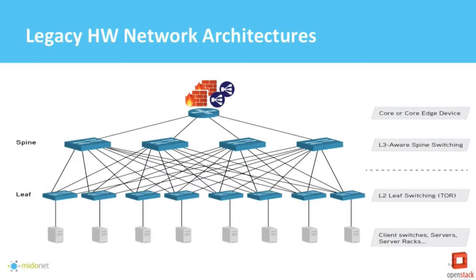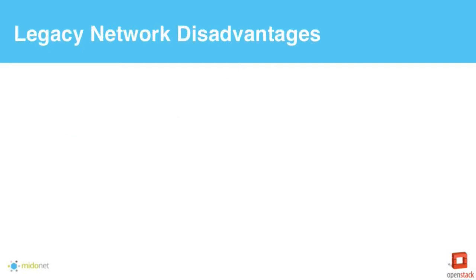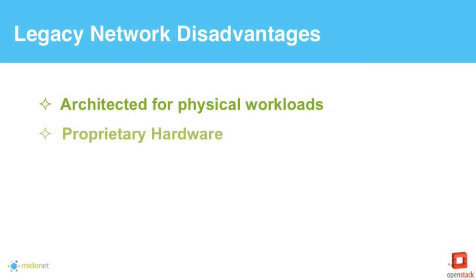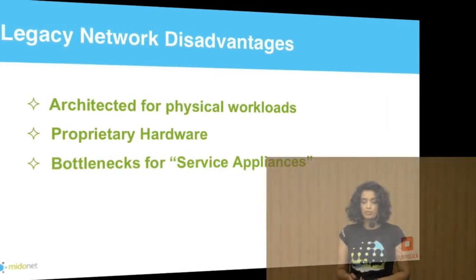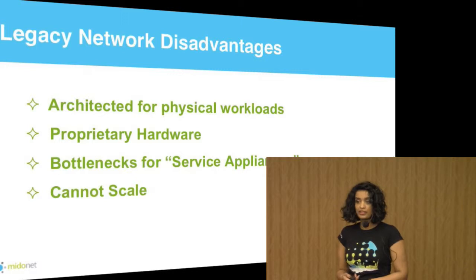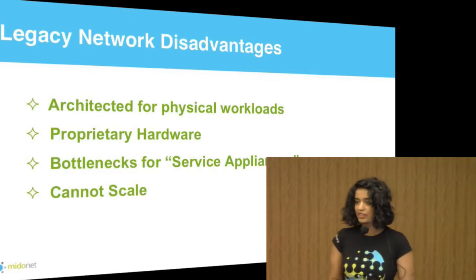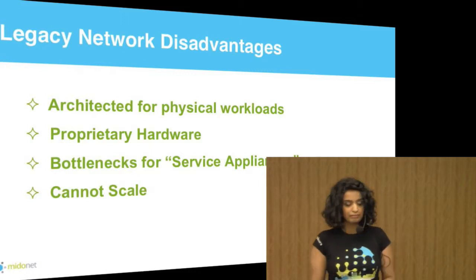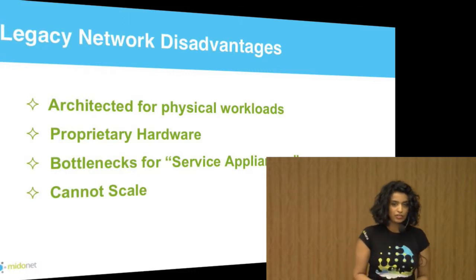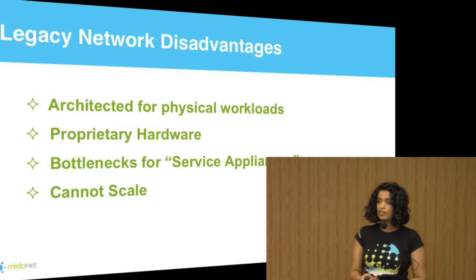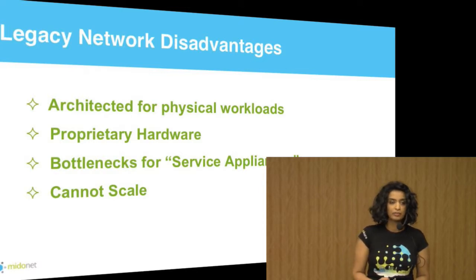As the growth towards virtualization, containerization happens, we have more east-west traffic-bound flows. So architected at a different time, let's say. So those previous architectures were architected for physical workloads, north-south traffic-bound flows, typically with proprietary hardware and their inherent technologies for sniffing packets, for example, using RSPAN, things like that for troubleshooting.